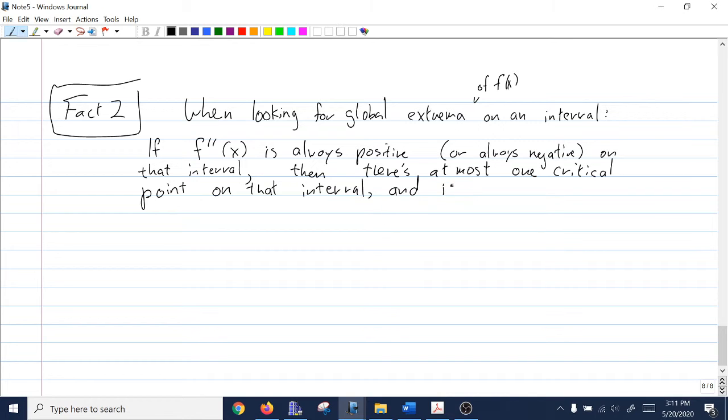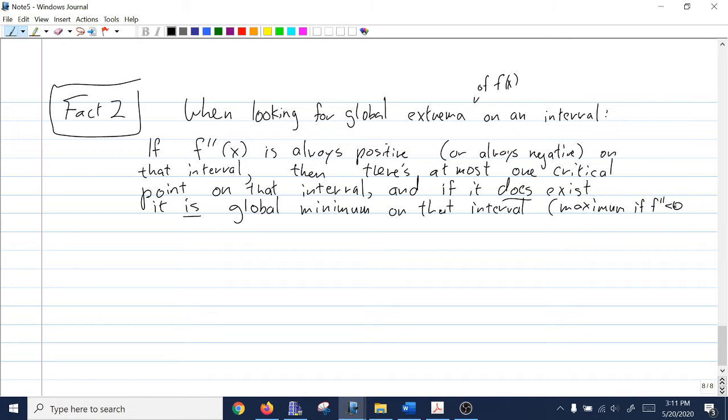And if it does exist, it is the global minimum on that interval. Or maximum, if the second derivative was negative.